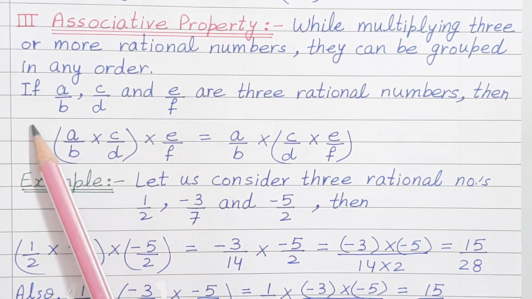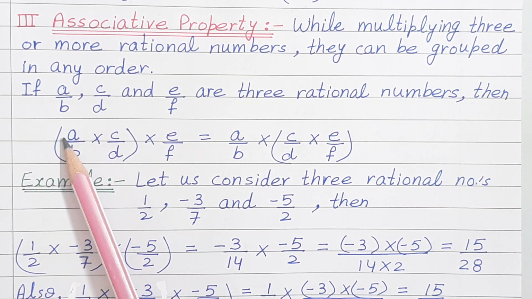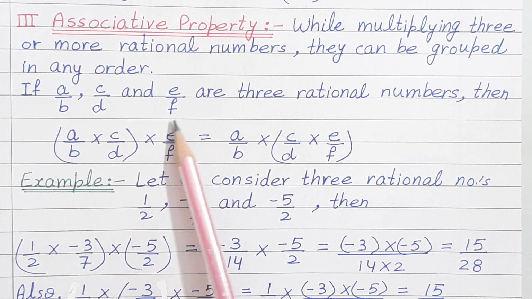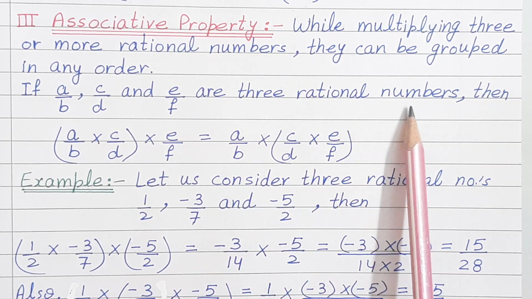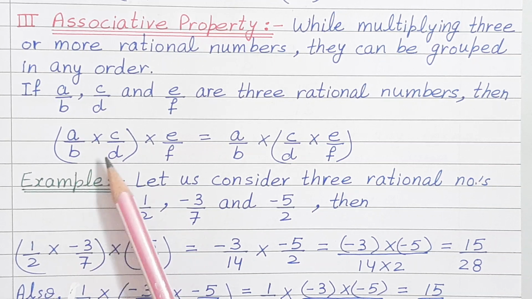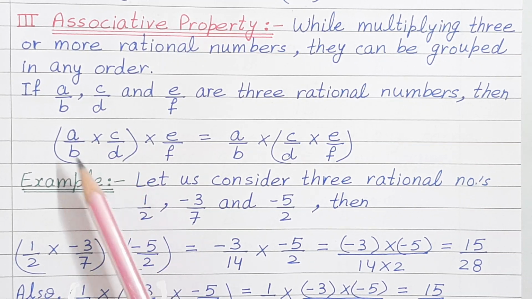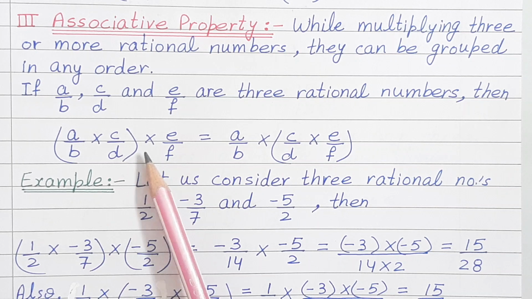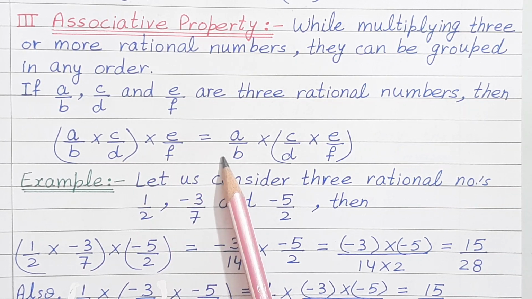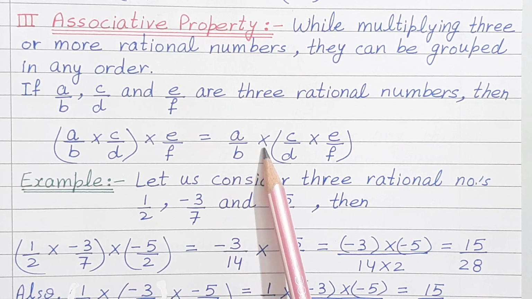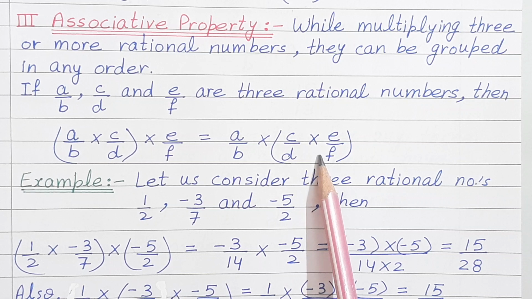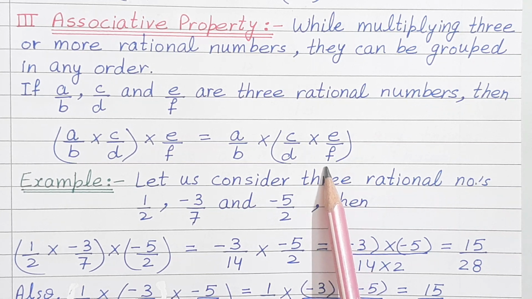That is, if a upon b, c upon d and e upon f are three rational numbers, then a upon b into c upon d, in bracket, multiplied by e upon f, is equal to a upon b multiplied by, within bracket, c upon d multiplied by e upon f.